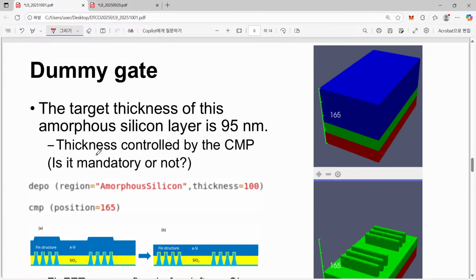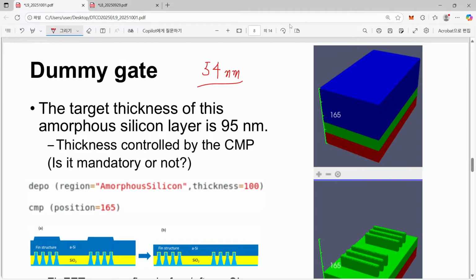So now we have to draw dummy gate. Dummy gate should be placed with a pitch of 54 nanometer. Then can you find any lithography which can realize 54 nanometer pitch except for EUV? The answer is no, it's not possible without EUV. Oh, then you can ask me this question.